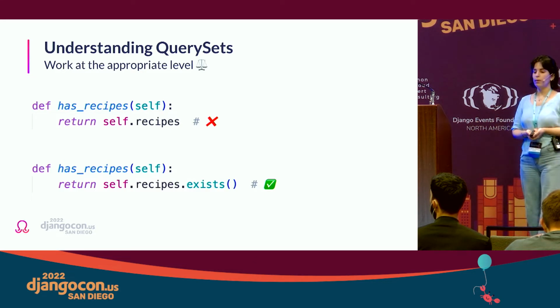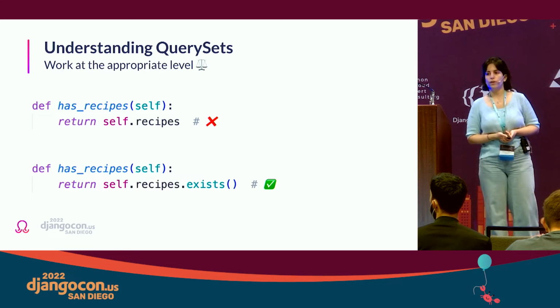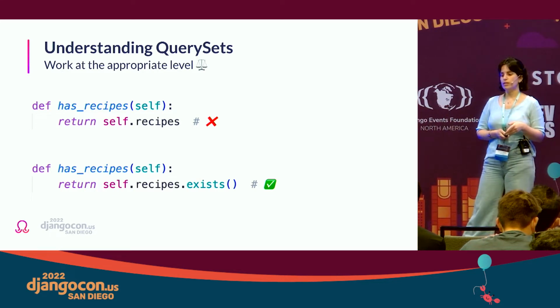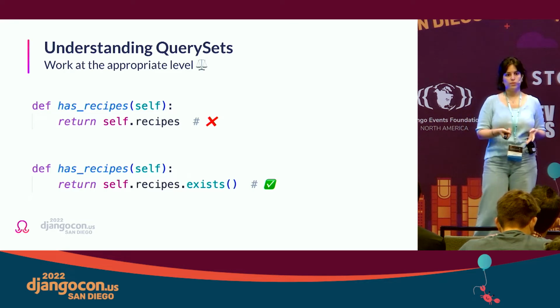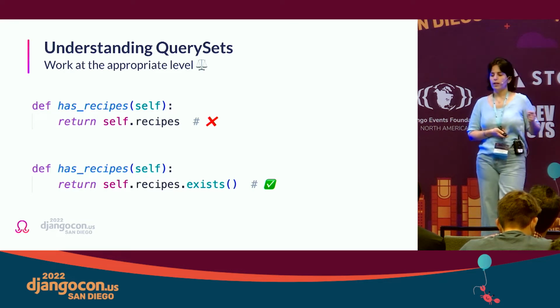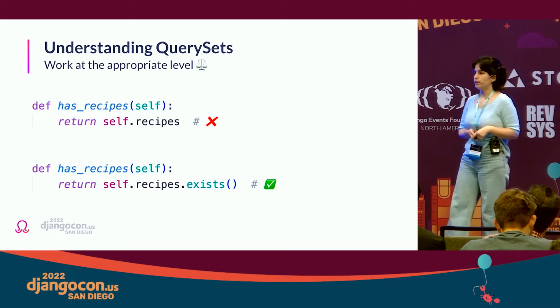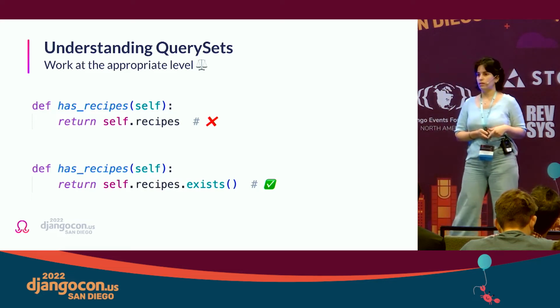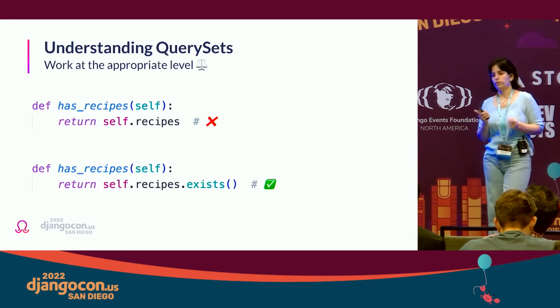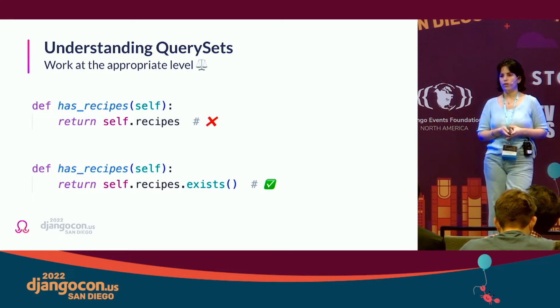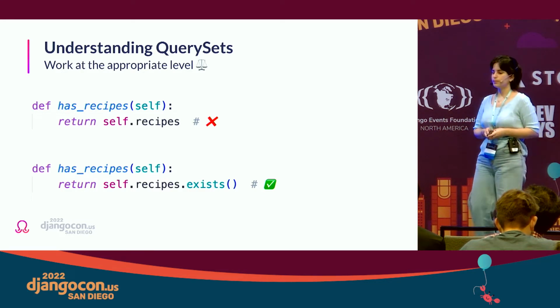So in this example, I'm trying to determine if an author has recipes. In the first example, I'm checking with a Boolean condition if an author has recipes. This is using Python. In the second example, I'm using exists, which is going to query the database. So in these two cases, it's best to do the second option.